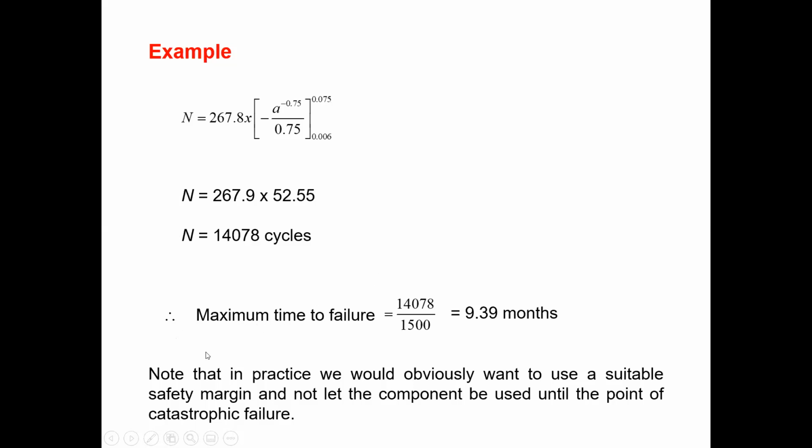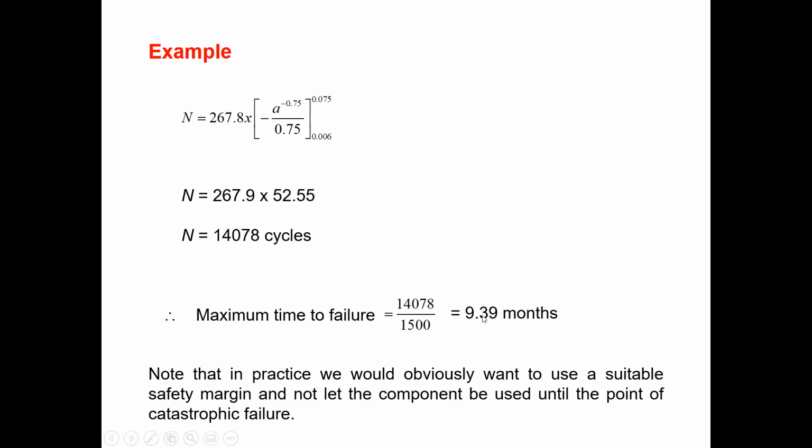So the maximum time to fail you can find out using the given data, because you already know the number of cycles to fail. You know how many cycles they operate within 1 month. So if you divide that calculated value by the given value, you will get the number of months to fail.